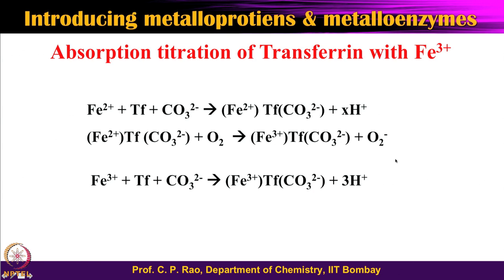So, if it is iron 2, the iron 2 complex forms initially, followed by oxidation in the presence of oxygen, or if it is iron 3, you directly have an iron 3 bound complex.